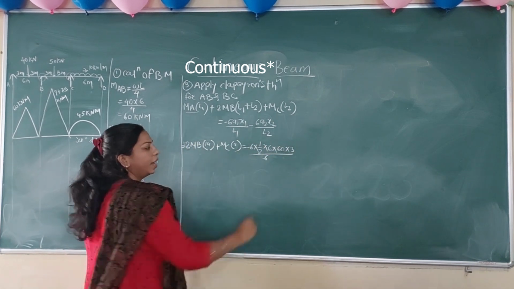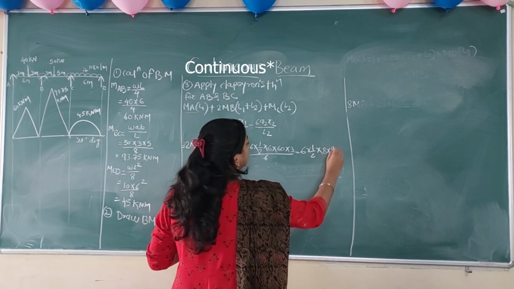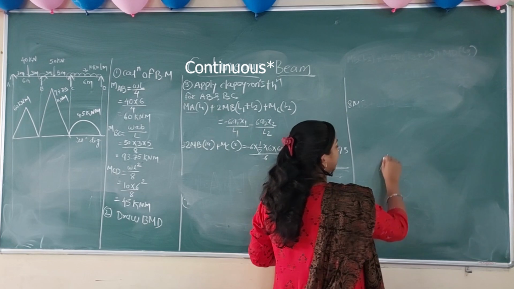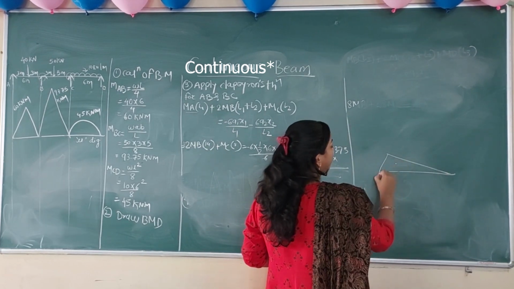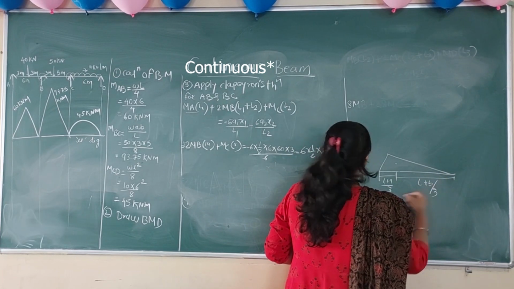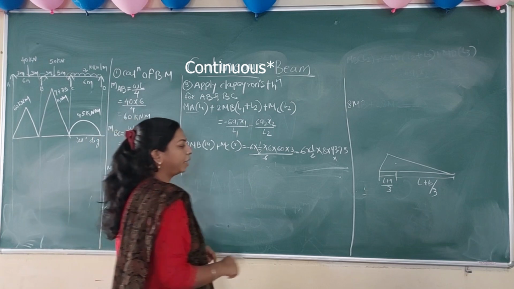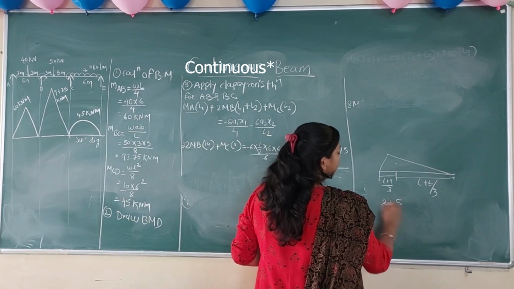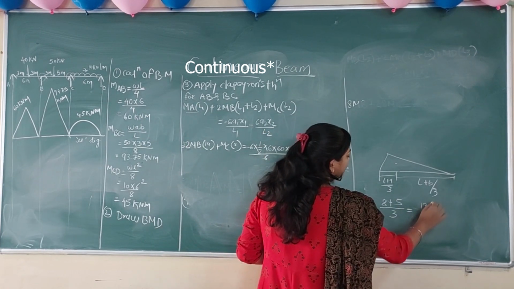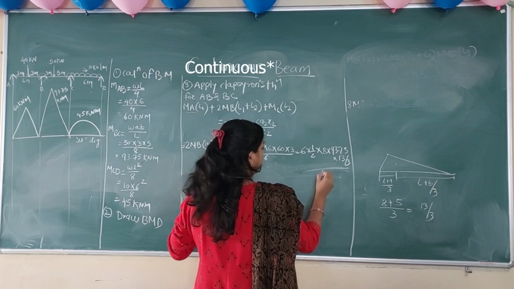Then x bar: in an eccentric triangle, the center point will be (L plus a) by 3 from one side and (L plus b) by 3 from the other. So here we take the center from this point: L plus b by 3, L is 8, b is 5, so it will be 13 by 3, divided by L2, which is 8.